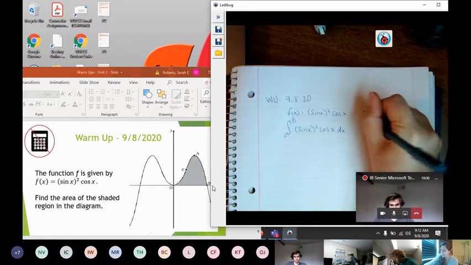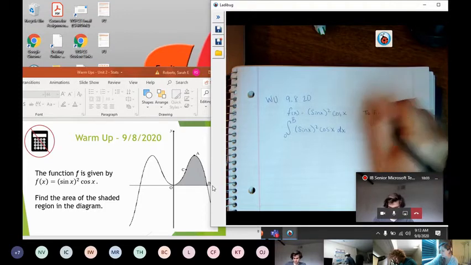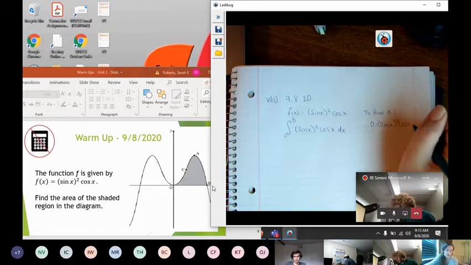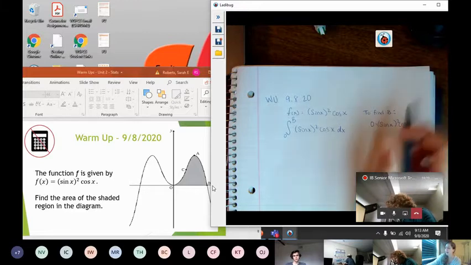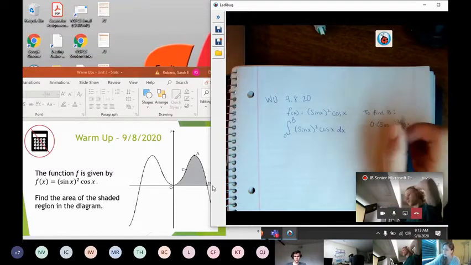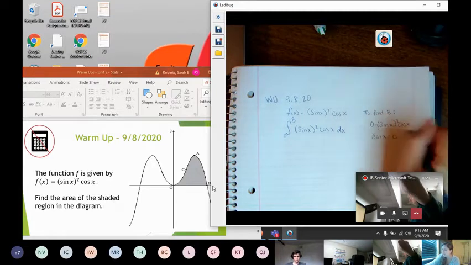So we're going to set 0 equal to the function, and find the values of x for which the function is 0. We could either find where sine squared x is 0, which is really just where sine x is 0, or we can find when cosine is 0. Either of those will give us a product that is 0.